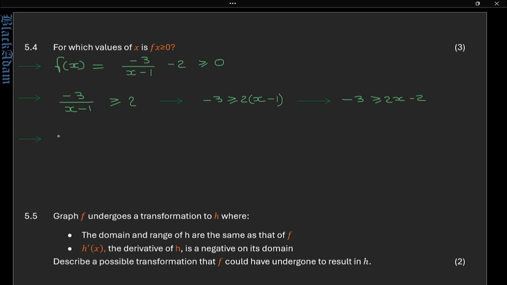So 2x is less than or equal to -3 plus 2, so 2x is less than or equal to -1, and dividing both sides by 2, we have x less than or equal to negative half.